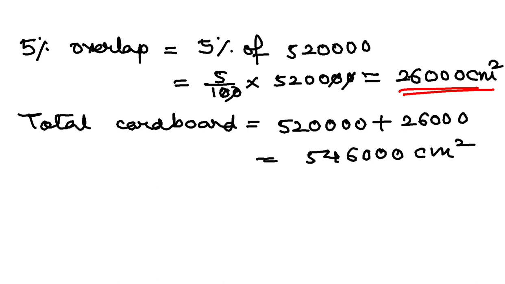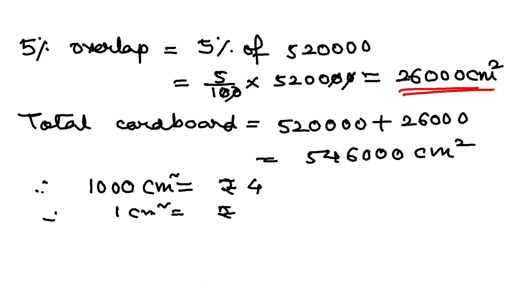Alright, so now you have to find the cost. They are saying in the question 1000 centimeter square cost rupees 4. So 1 centimeter square will cost you rupees 4 by 1000, of course.